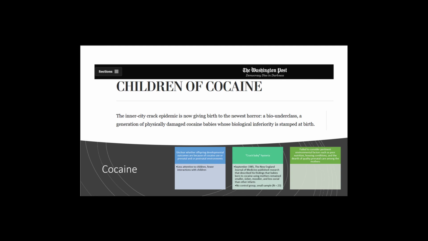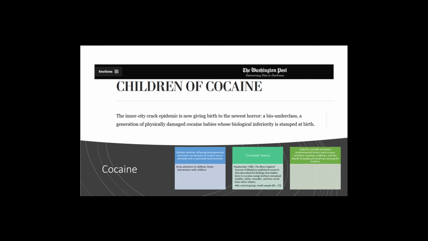But regardless of the scientific limitations of this study, and to credit the author, he did originally state that these limitations exist. There was a media hysteria about it, and it became a countrywide hysteria. And you can see this: "Children of cocaine. The inner-city crack epidemic is now giving birth to the newest horror, a biological underclass, a generation of physically damaged cocaine babies whose biological inferiority is stamped at birth."